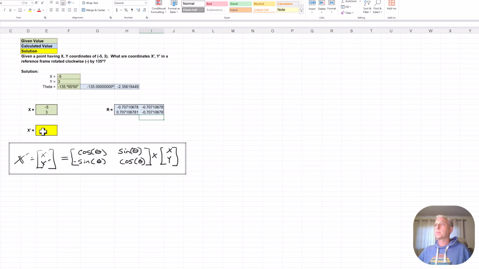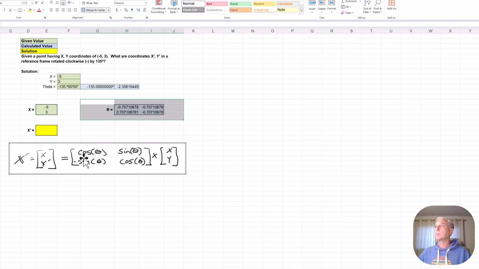All right. So now I just perform my matrix operation. Here's how we multiply matrices together. This is why we need to consider the cardinality of the matrix, because you have to know what to set up for your solution matrix ahead of time. My x vector here is a 2 by 1, and my r is a 2 by 2.